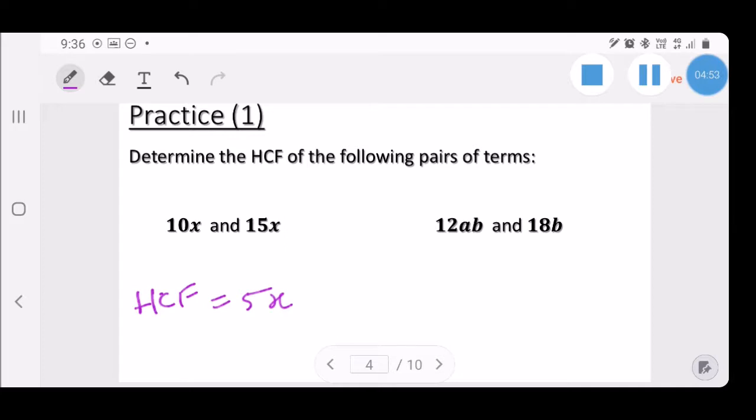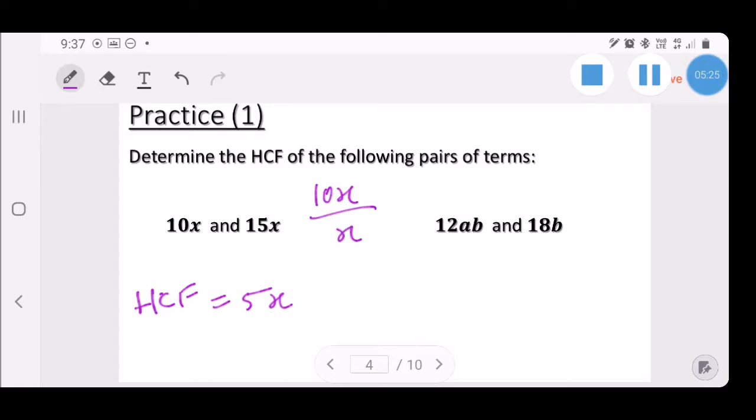Another way to think about this is when talking about numbers and highest common factor, we often say, what is the highest number that will go into 10 and 15 without any remainder, okay? So we're talking about division really. In terms of 10x and 15x, what is the highest power of x that will divide into both those terms? Well, let me just scribble over here for a second.